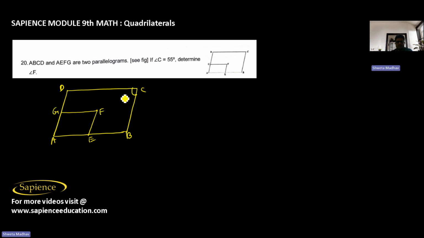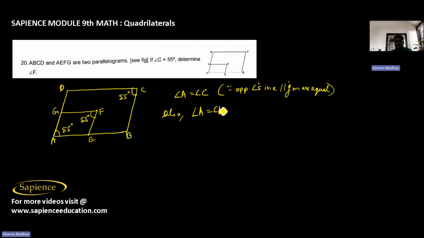Angle C has been told as 55 degrees, then determine the angle F. So angle C is equal to angle A, so this will also be 55 degrees, since opposite angles in a parallelogram are equal. And also we can say that angle A will be equal to angle F in the same way. So hence angle F will be equal to angle C, which is 55 degrees. So 55 degrees is the answer.